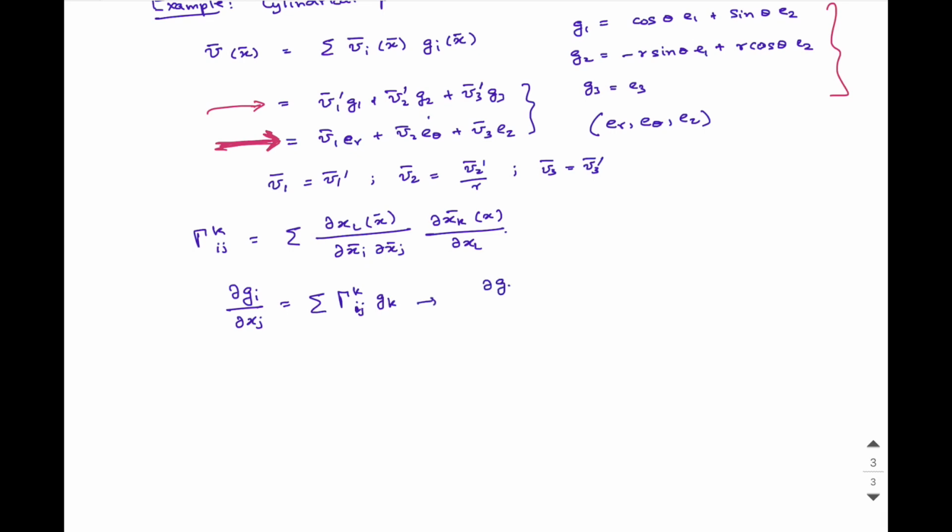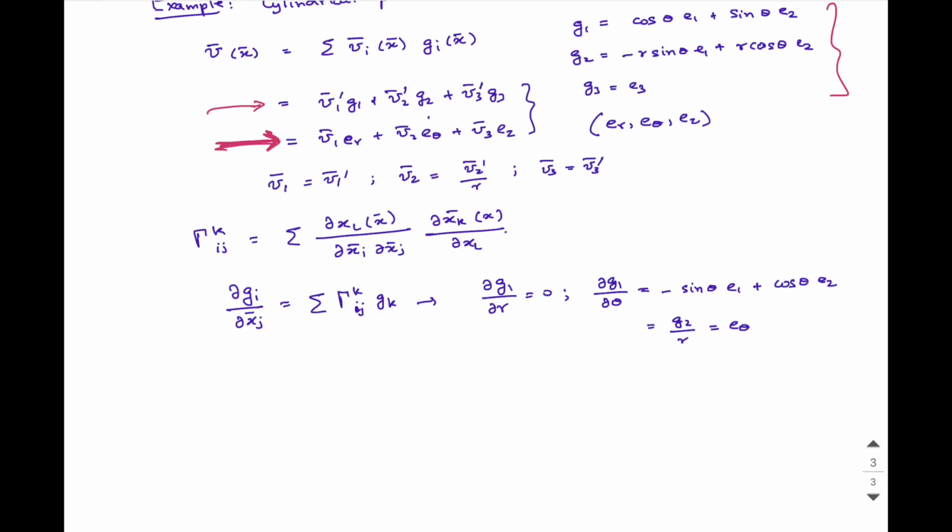So this tells you in particular that, for instance, partial g1 over partial r, where r is x bar 1, is 0. Partial g1 over partial theta, and I should not say divided by, it's not division, is going to be minus sine theta e1 plus cos theta e2, but this is nothing but g2 divided by r, or e_theta.